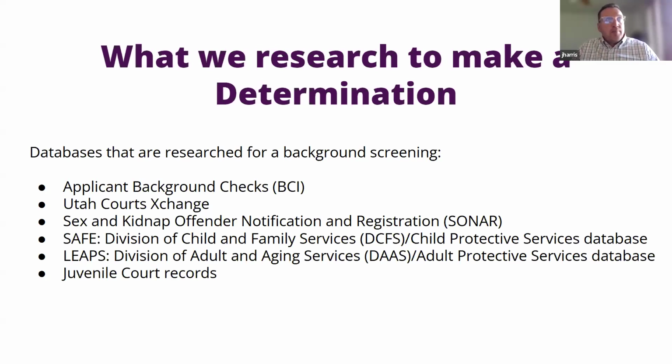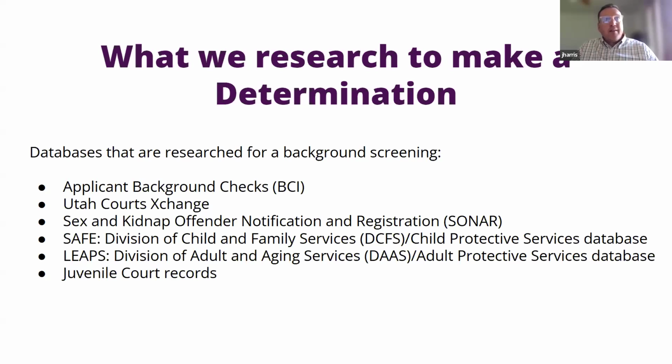Statute UCA 26B-2-120 lists what we have to look at in making a determination on a background screening. The databases that we research are the following: the applicant background check system by the Bureau of Criminal Identification, BCI. This indicates all of the history within the state of Utah and nationwide.